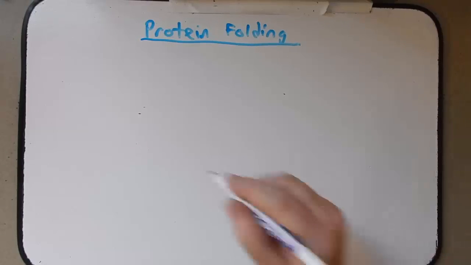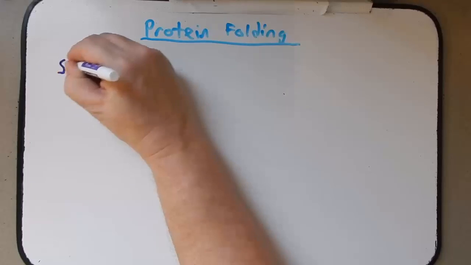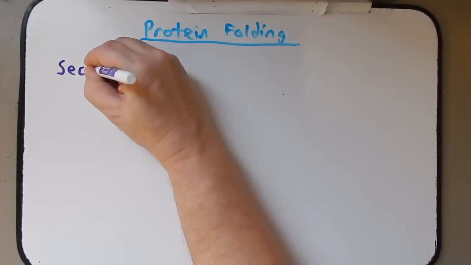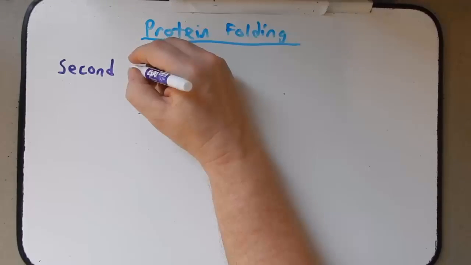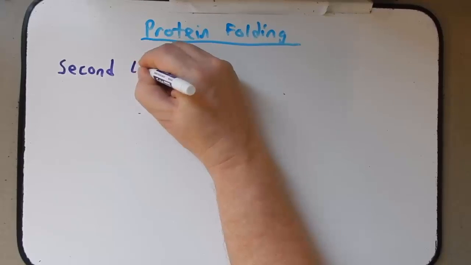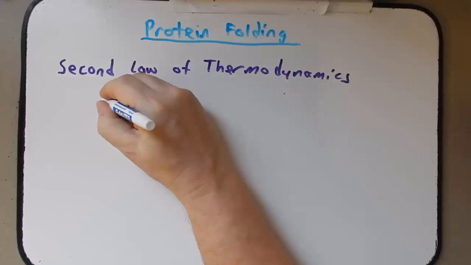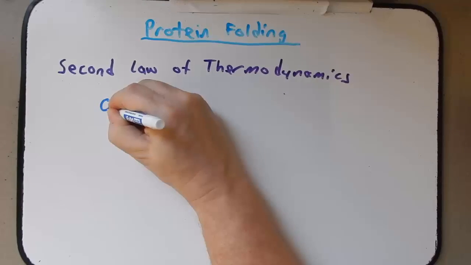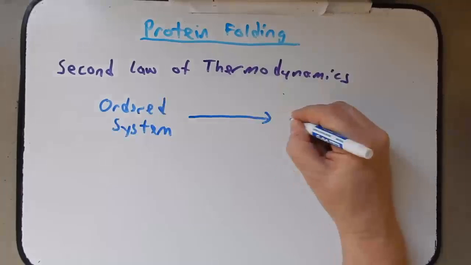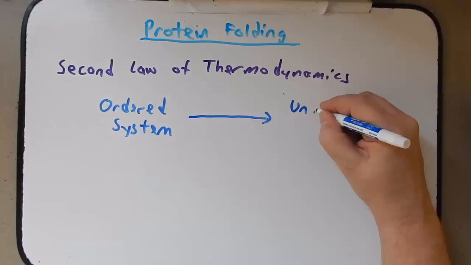Later on in the semester, we're going to introduce the laws of thermodynamics. But I think we need to at least mention briefly the second law of thermodynamics, because it plays a very important role in how proteins fold. A very generic definition of the second law of thermodynamics is that systems tend to go from an ordered system to an unordered system.